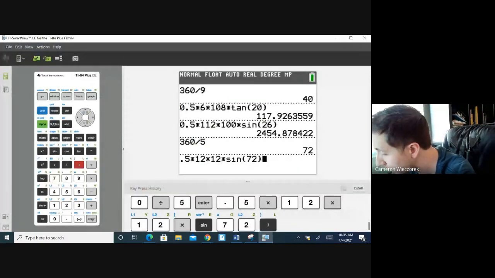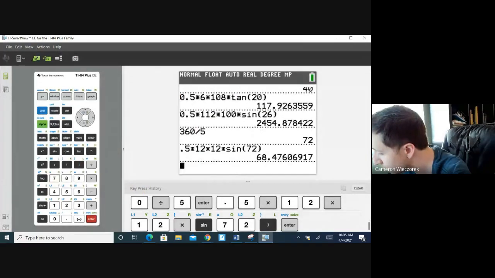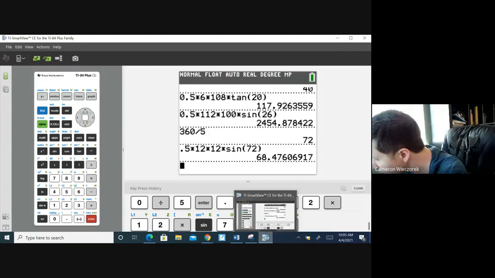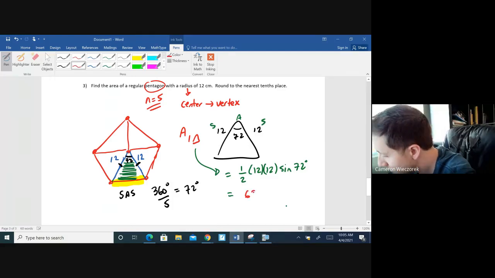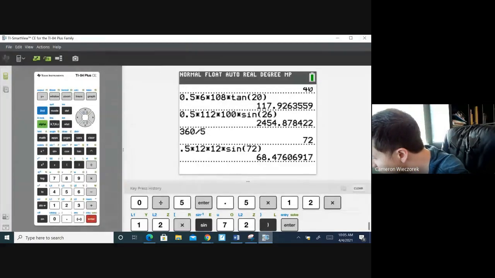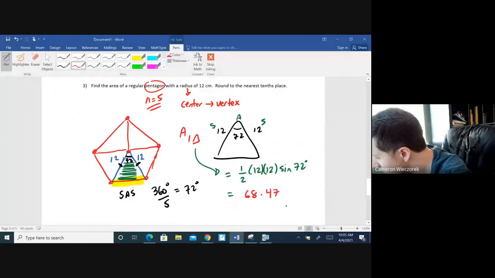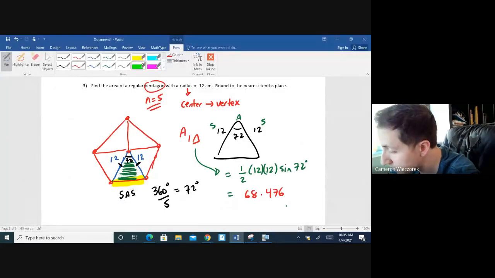This is just one triangle. That's 68.476, whole bunch of stuff. You can keep that long decimal on your screen. I'll round it on paper, but you want to keep it on your calculator. 68.476, I'll write it as. That's one of these.